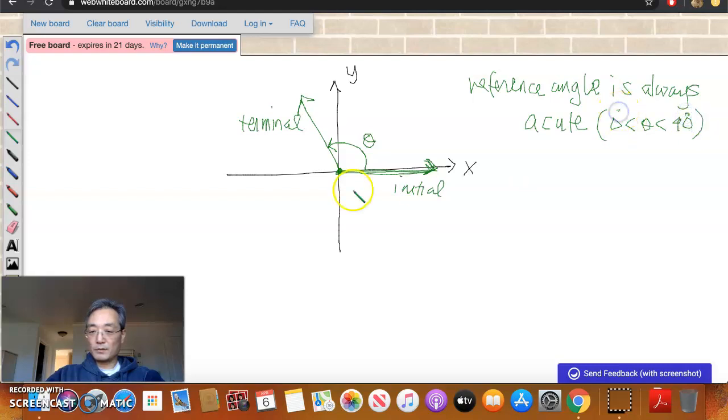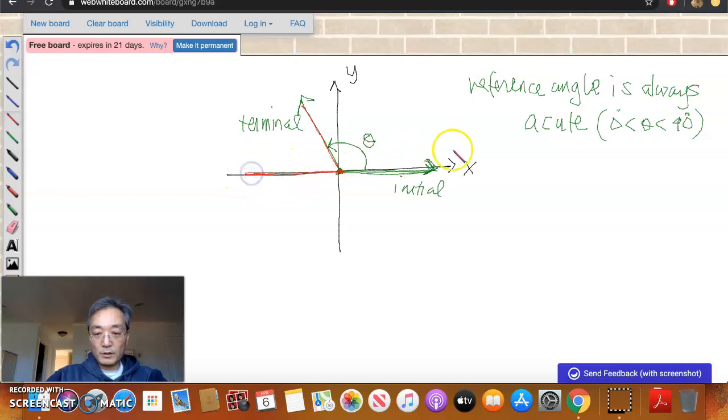So in this particular picture, our reference angle is an acute angle formed by the x-axis and the terminal side. I'm going to show you what that is. The x-axis and the terminal side, like that.